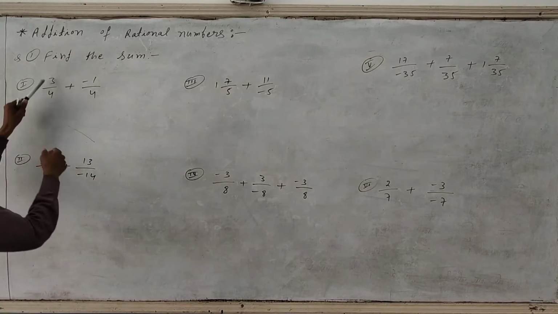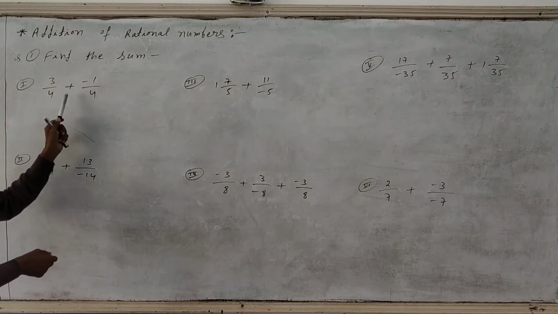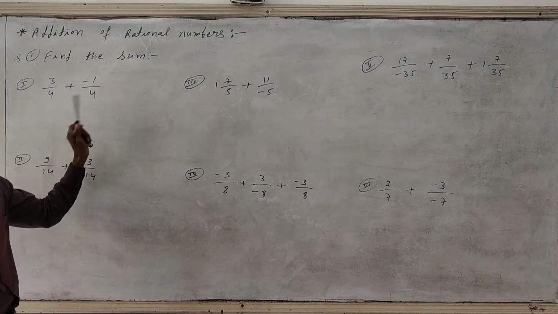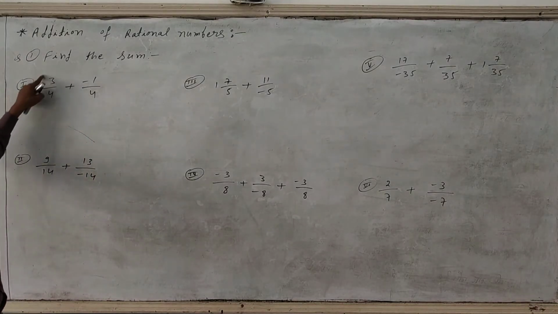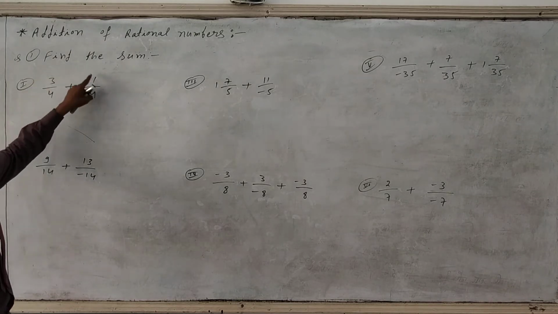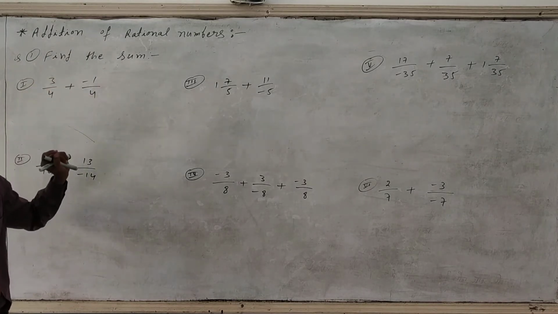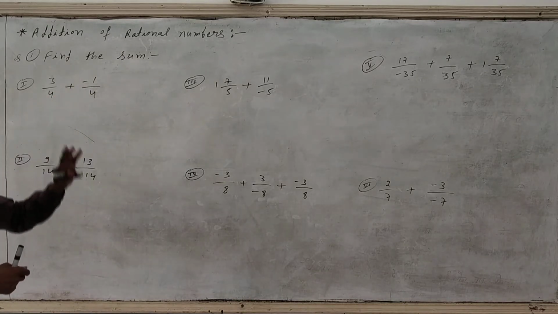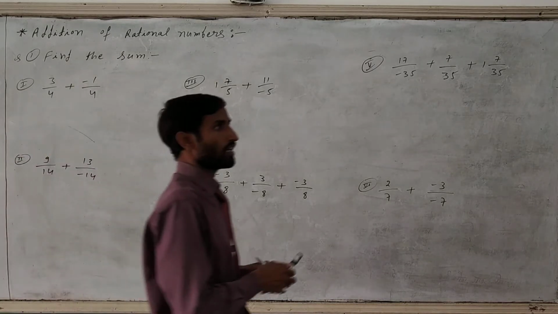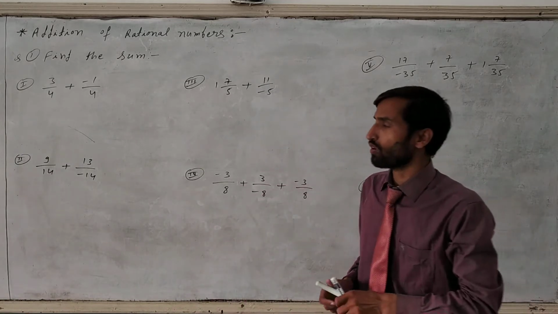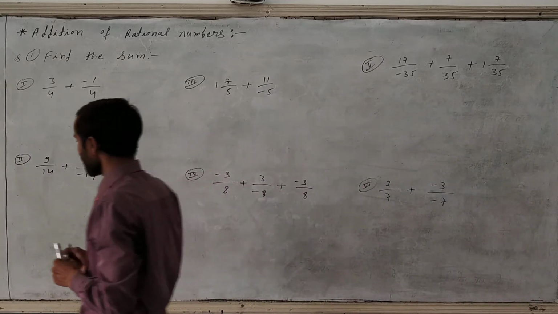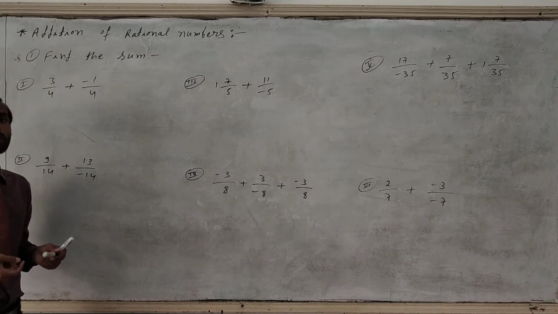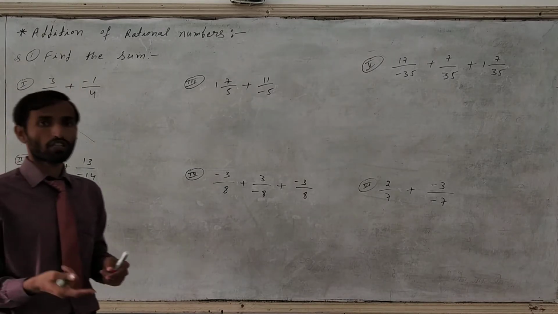Just see here 3 upon 4 plus, here the sign is plus and minus 3 1 upon 4, which means this is a positive rational number and this one is a negative rational number. So we have to do some process. Two signs will not come at the same place. Already you know plus and minus in integers, minus will come.